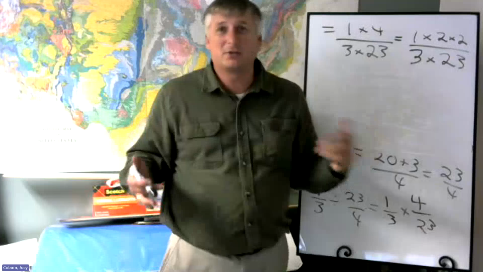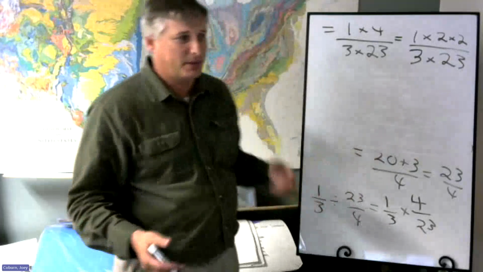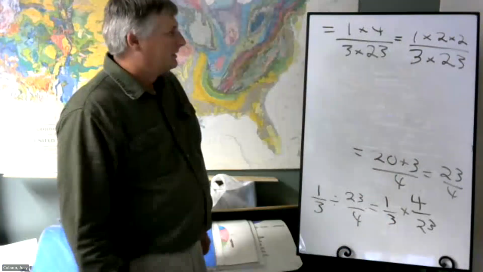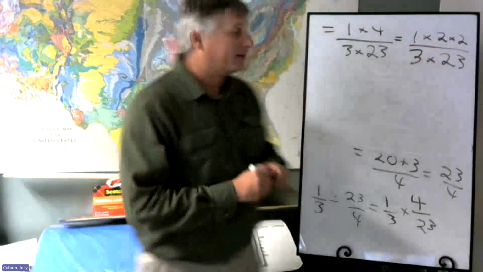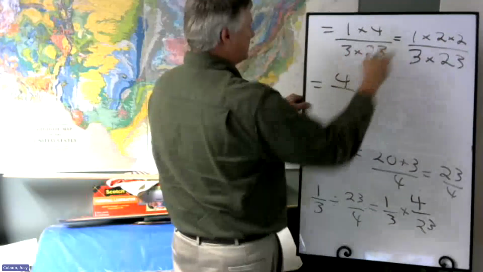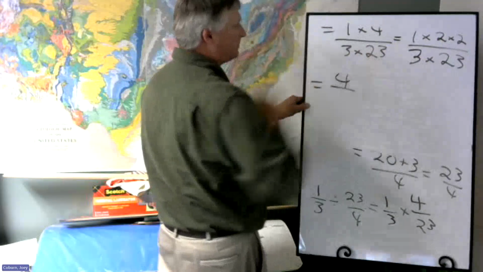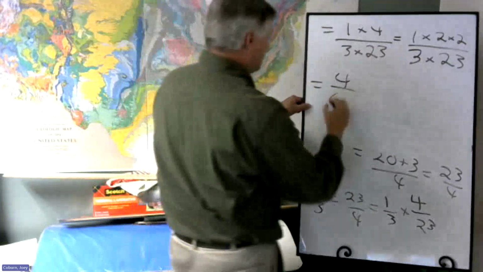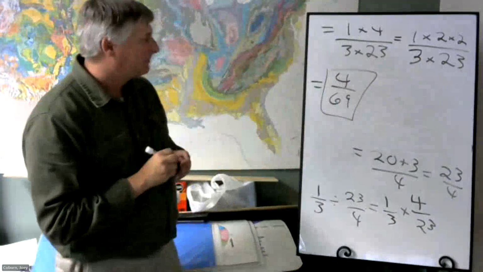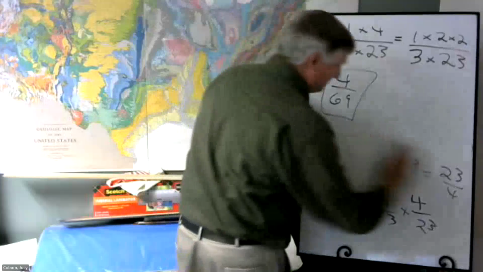It doesn't break down into a product of other whole numbers except for 23 and 1, and we don't count that. There's nothing that's going to cancel here. So the answer is going to be 1 times 4 is 4, 3 times 23, 69. That's it.